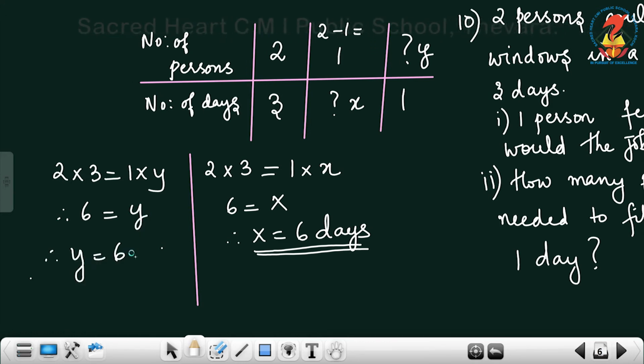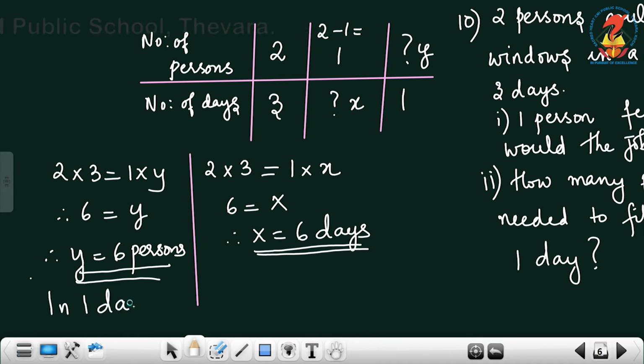Therefore, y is equal to 6 persons. So, in 1 day, 6 persons are required to complete the work, and if 1 person is there, it takes 6 days to complete the work. Okay?